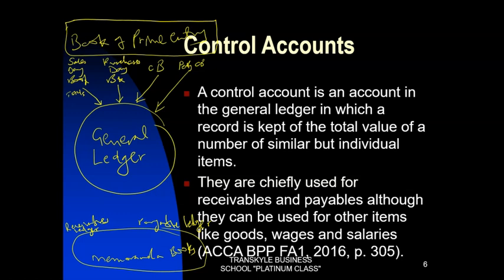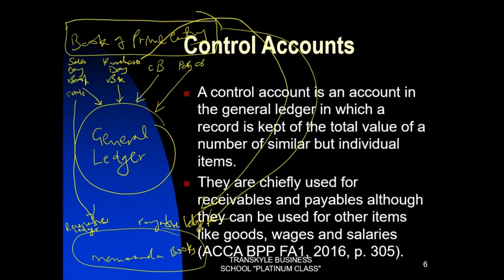Now, these books, the memoranda books, also take their information from the books of prime entry. But what type of information do they take? The payables ledger takes its information from the purchases daybook, while the receivables ledger takes its information from the sales daybook.